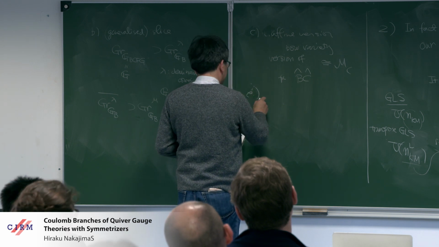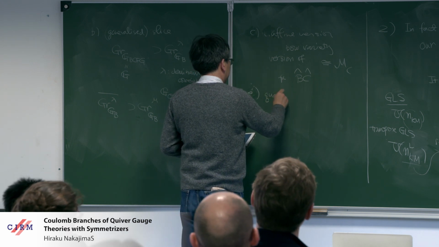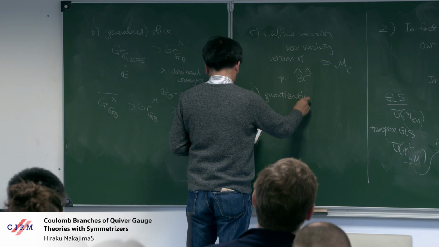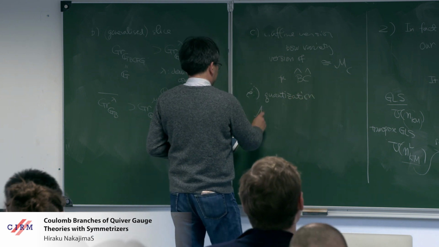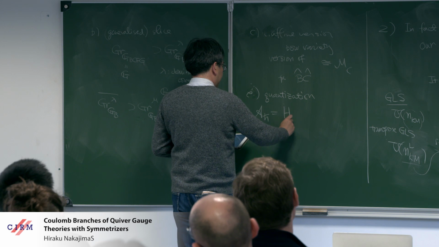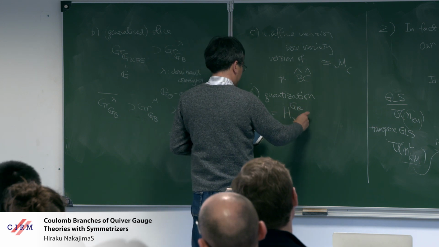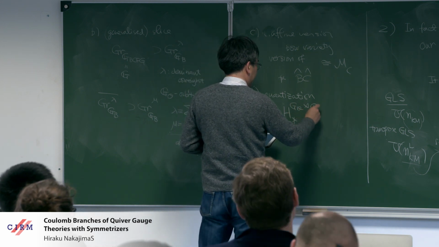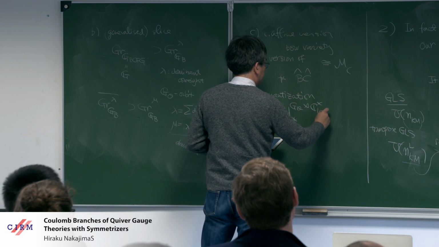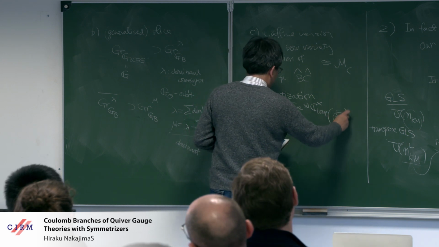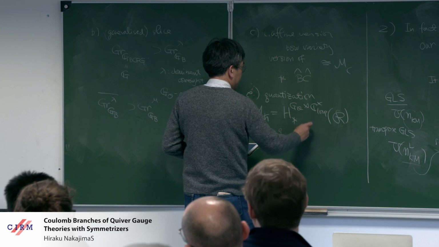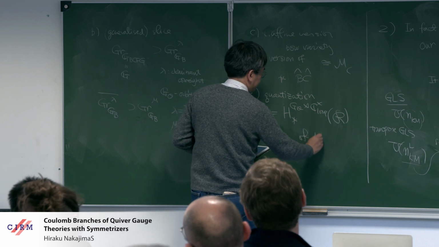E is quantization. This is again the very same as the usual: I take loop rotation. As I mentioned, this is a quantization of the Coulomb branch.